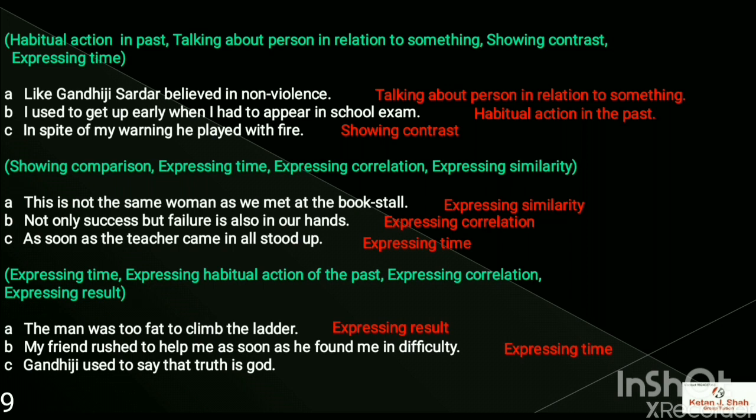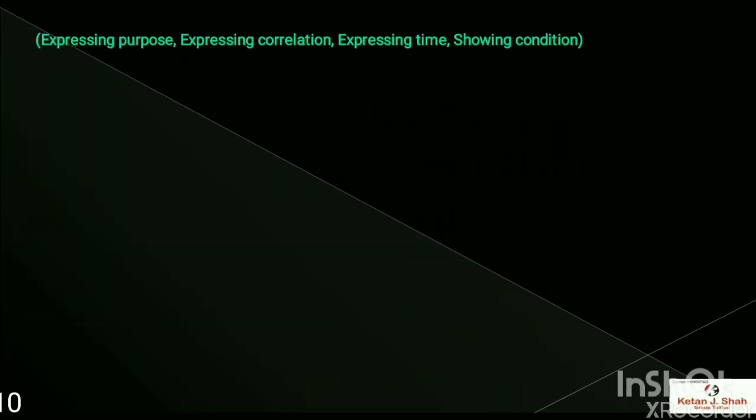So this is expressing time here. Gandhi used to say that truth is God. This is expressing habitual action in past, as it was a habitual action which was performed by Gandhiji in the past. Now let's move to the next one.